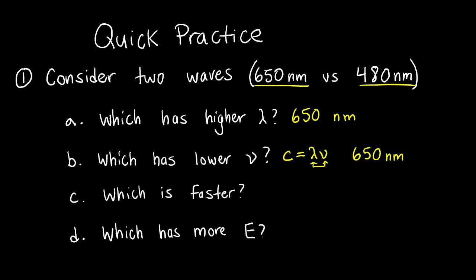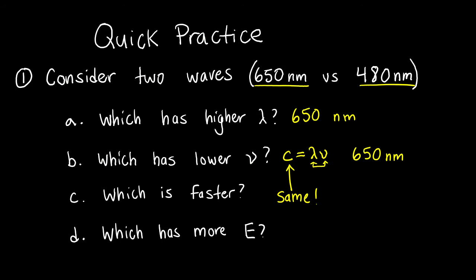Which is faster? This is not necessarily a trick question, because you know that all wavelengths and frequencies of light travel at the speed of light, so they are the same. They have the same velocity, which is the speed of light.